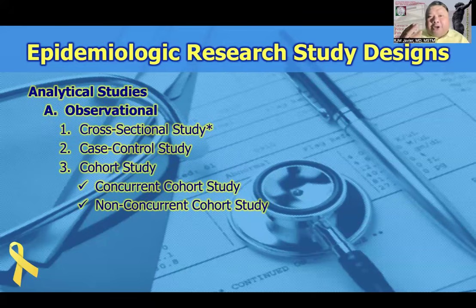Once you prescribe a drug, once you recommend any treatment modality, let's say physical therapy, occupational therapy, speech therapy, any intervention that you try to introduce to your study subjects or patients, that goes now to the realm of your experimental analytical study designs.